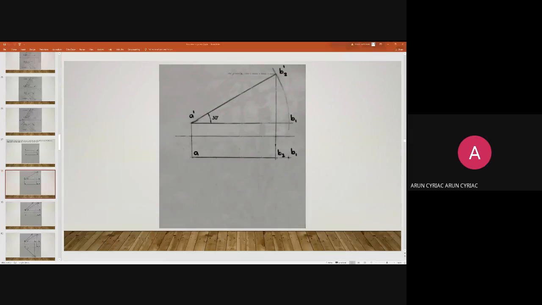No, not A dash B2 dash. A B2, the plan length. Sir, it is 76 mm.